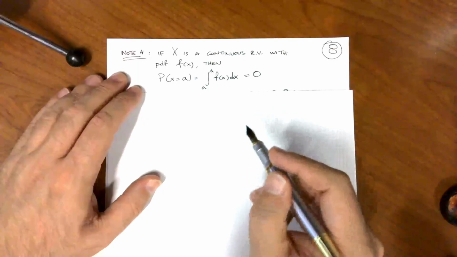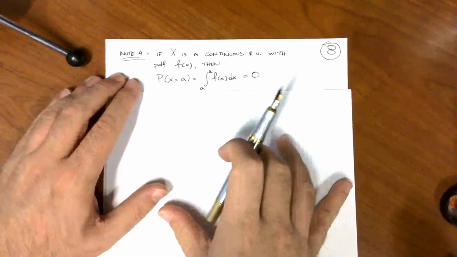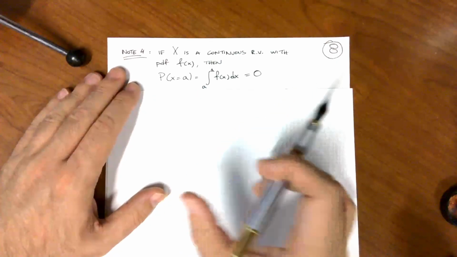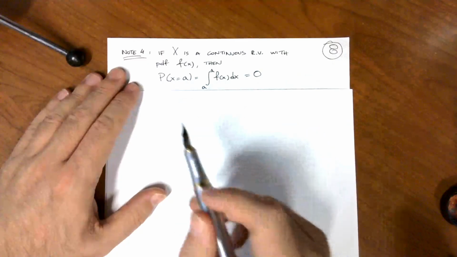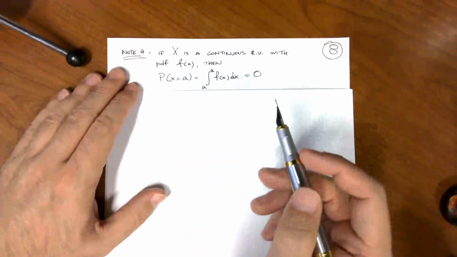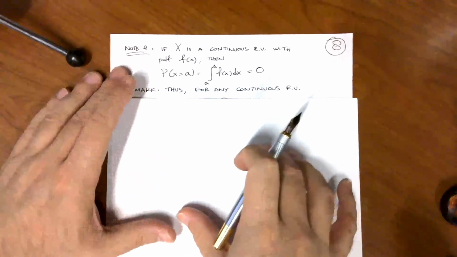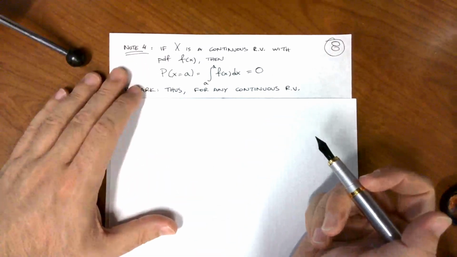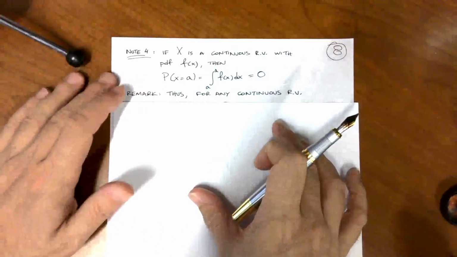By definition, this is equal to 0. Intuitively, a is a very, very specific number in the sequence of real numbers to assign a positive probability to. We cannot expect that x is going to be exactly 2, right? A number that is quite specific when it could have been 2.000001. So it depends on the granularity of how you're measuring each of these variables.